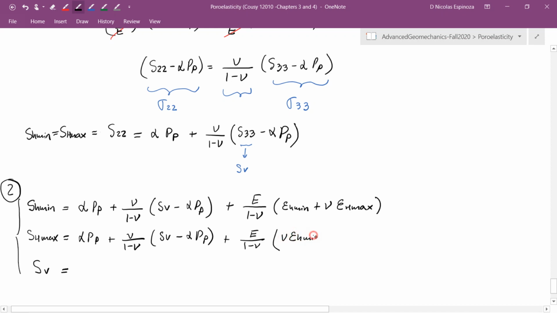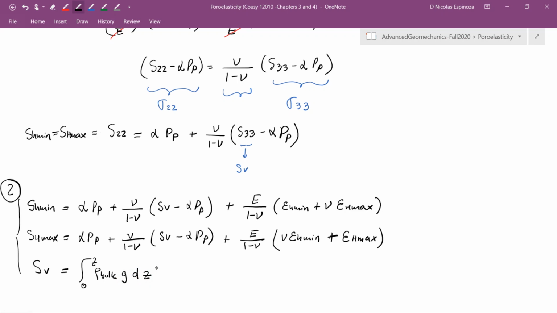Now it goes with the tectonic strain epsilon h min, and it goes fully multiplied by 1 for epsilon h max. And where SV, we know how to calculate that, is the summation of all the weight of the rock from the surface to the point that we are considering.